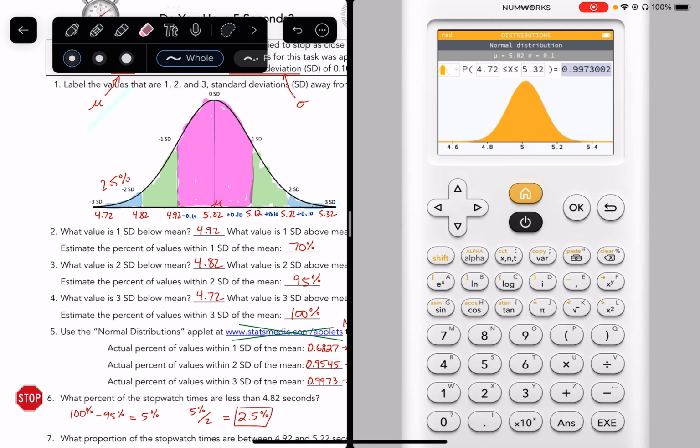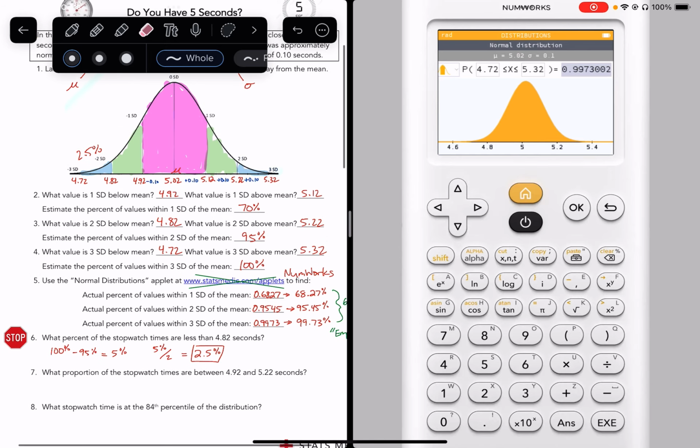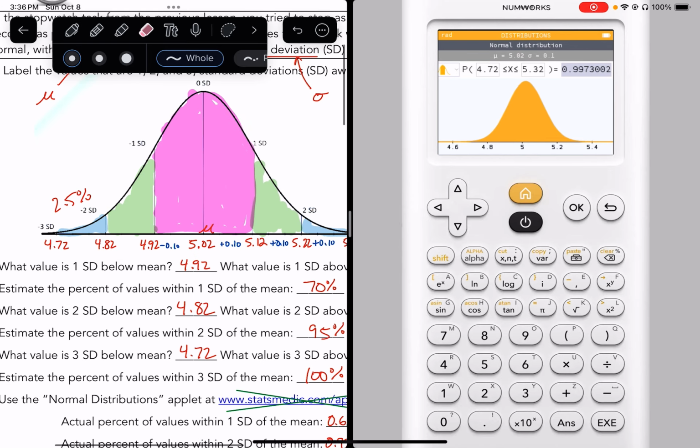Okay, so now, question 7. What proportion of the stopwatch times are between 4.92 and 5.22? So 4.92 is right here, and 5.22 is right here. So we're trying to think about what percentage would be in between that.